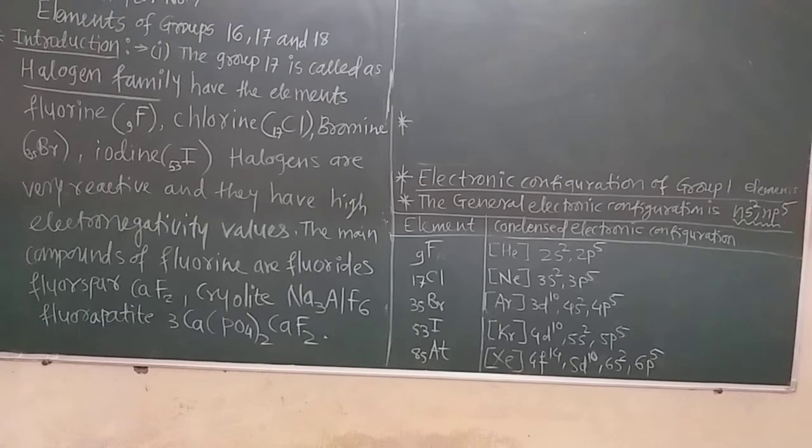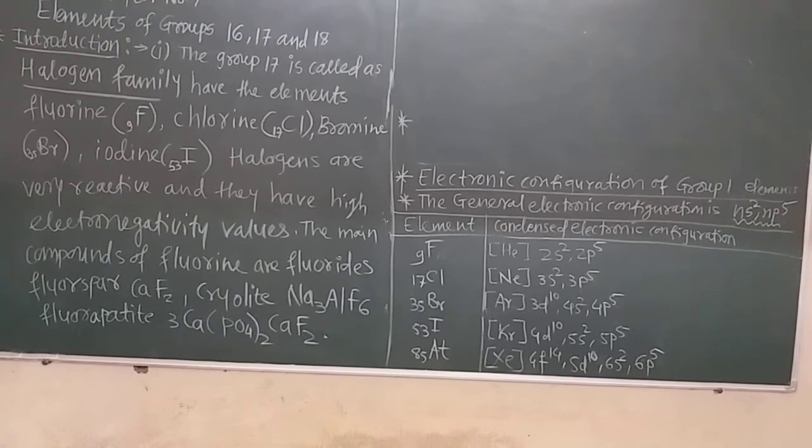Now what are the compounds or ores of all these halogens? Let us first study the main compounds of fluorine, which are always insoluble. Remember that the compounds of fluorine are insoluble, and for our teeth enamel the fluorides are very important.